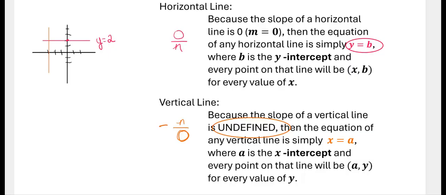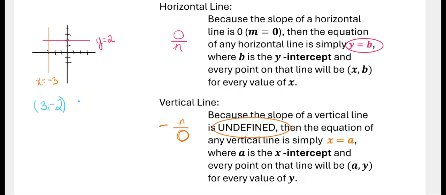It's all -3 for x, but generally x is equal to, they say a in your book. So it's just x equals some constant that will give you the equation of a vertical line. A vertical line will have no y value in it. It will just be x equals some constant, and in this case, x equals -3.